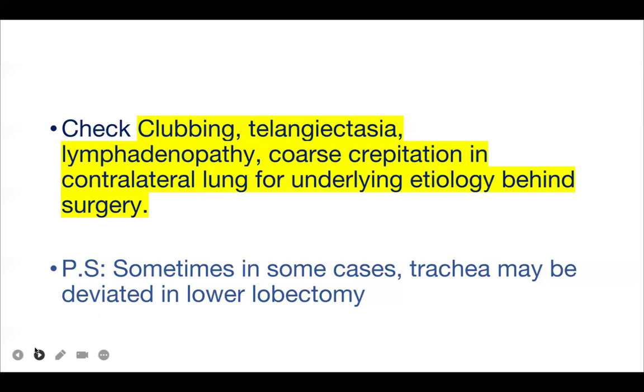And if there are coarse crackles in the other lung, there is more chance of bronchiectasis as the cause of lobectomy or pneumonectomy. Though it's very rare, in a few small cases the trachea may be deviated, particularly in lower lobectomy, but that is not information I want to give you in this session.